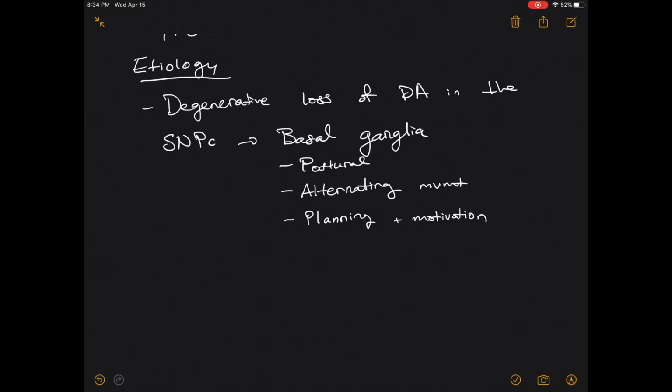So if the substantia nigra pars compacta has a lower amount of dopaminergic cells, which produce neurotransmitters that are important in these activities, then people who suffer from Parkinson's disease are going to have difficulty moving, planning, as well as alternating movements and posture control.